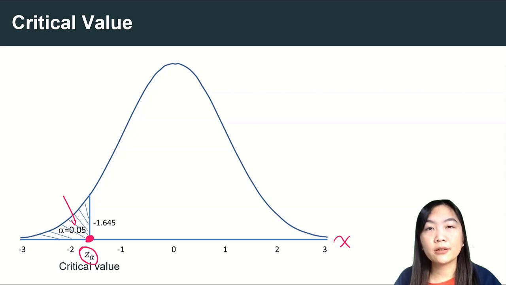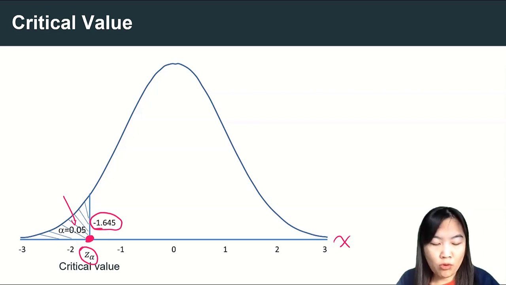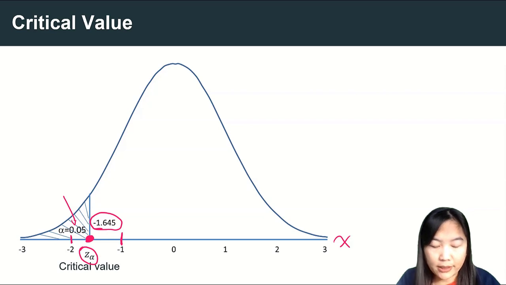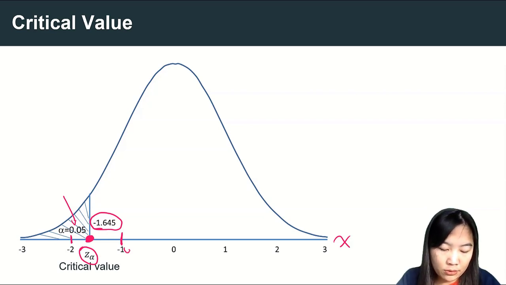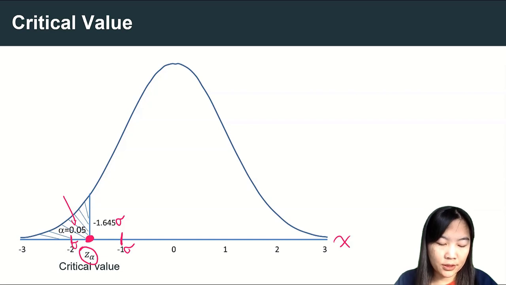It's called the critical value. For the standard normal, it is this number, minus 1.645. And you can see here it is minus 1, and here is minus 2. So if it's not a standard normal distribution, this will be 1 sigma, 2 sigma, and this will be 1.645 sigma, and there are negative signs in front of those values.